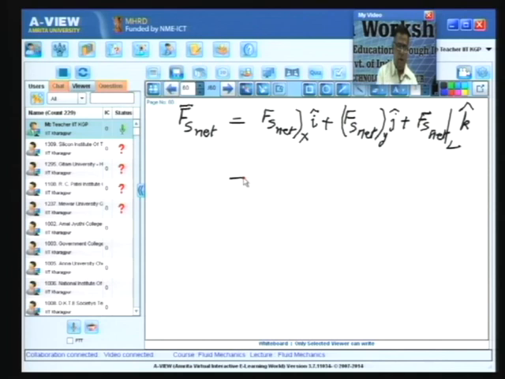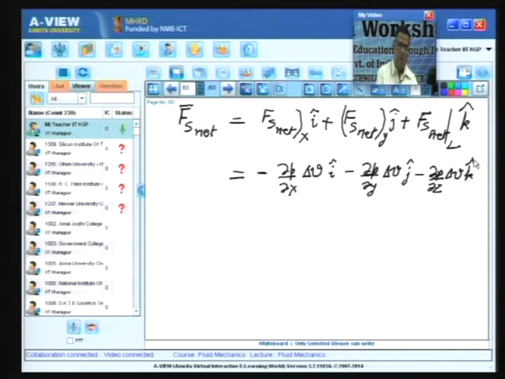This is going to be minus del P del x delta V into i, and similarly this will be minus del P del y delta V into j. This is going to be minus del P del z delta V into k.